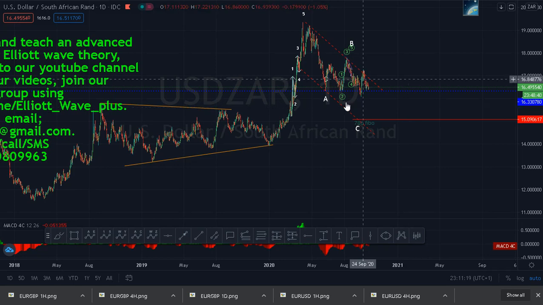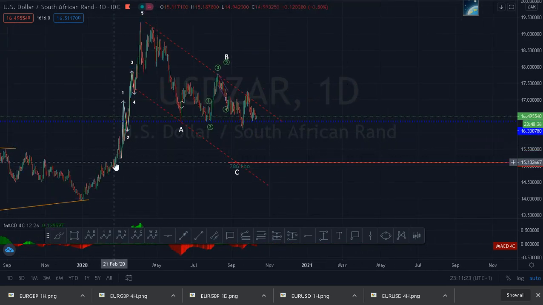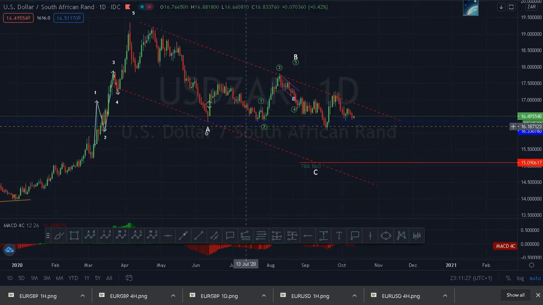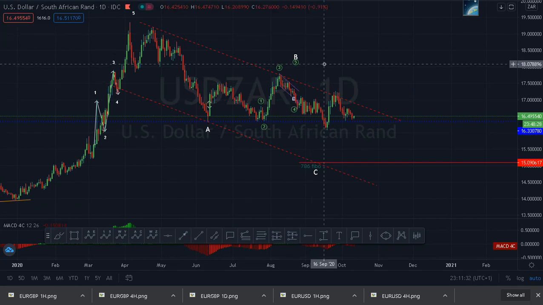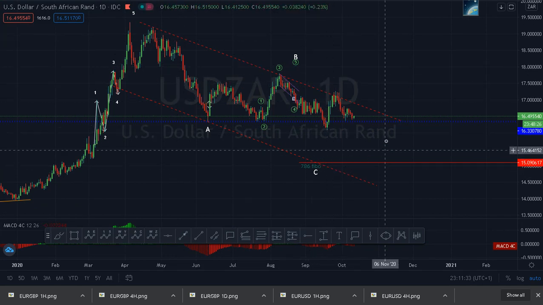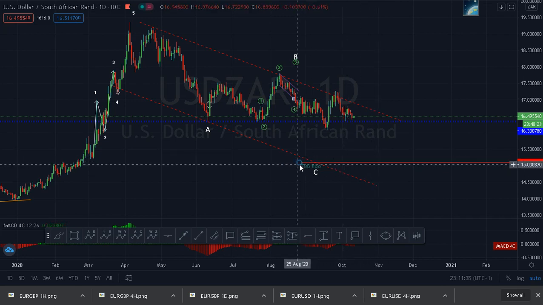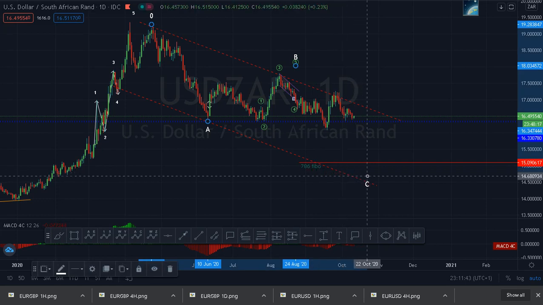As long as this line is still here, I am expecting A, B, C. So I'm expecting that USD ZAR will likely drop further before buying.